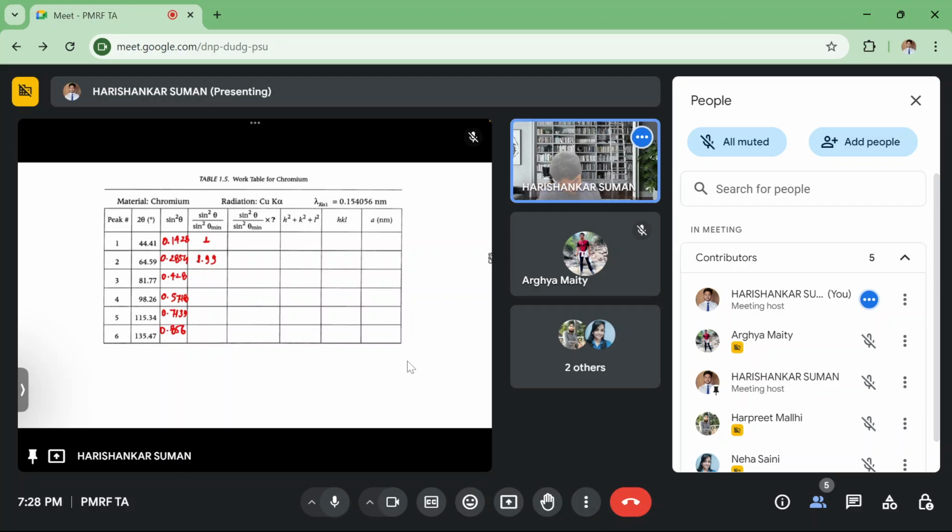Similarly, point 1 zero 7139 divided by 0.1428.